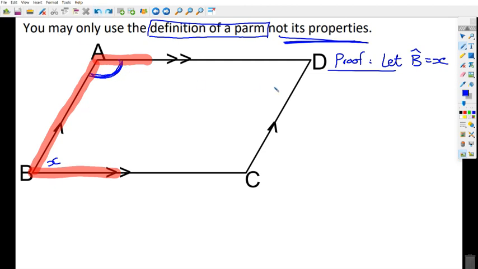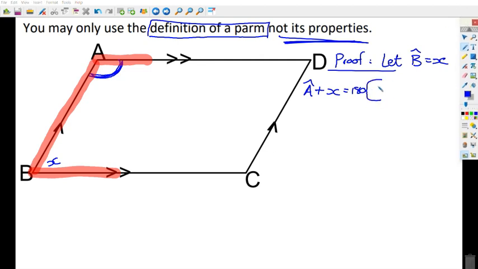We know that angle A plus x, because we let angle B equal x, is going to be equal to 180 degrees. And why can we say that? Because of co-interior angles. And what's the parallel lines there? AD parallel to BC. Very good.